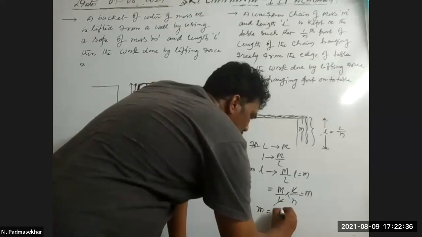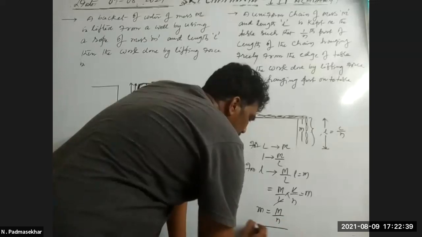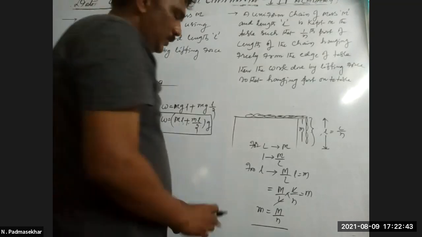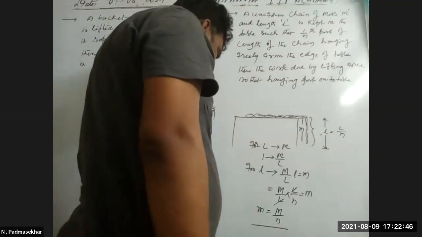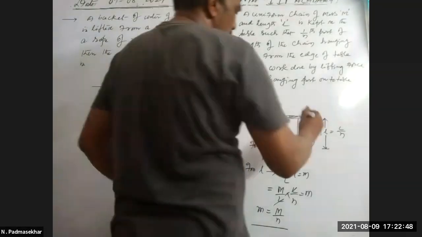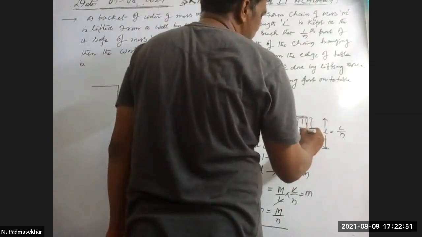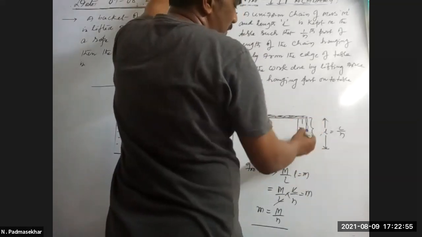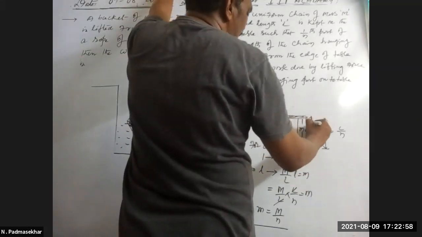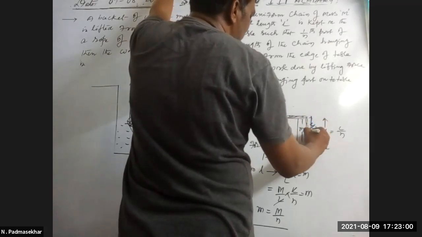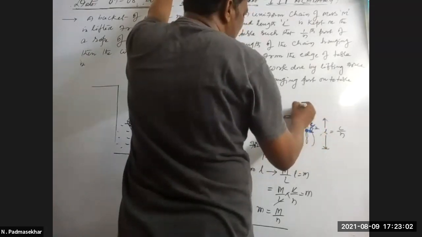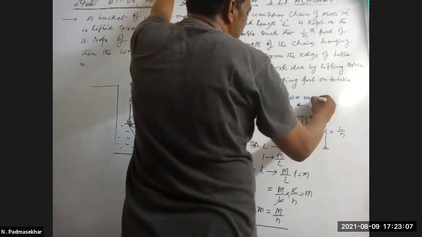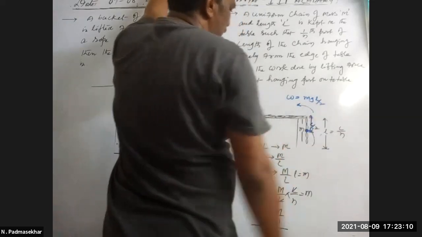And m is the mass of the hanging part. A mass of the hanging part ఎక్కడ ఉంటుంది? Exactly at the center. This mass is constant. So to take up this mass, how much work I have to do? What is the length? L by 2. So this is taking up, W is equal to mg L by 2. Okay.